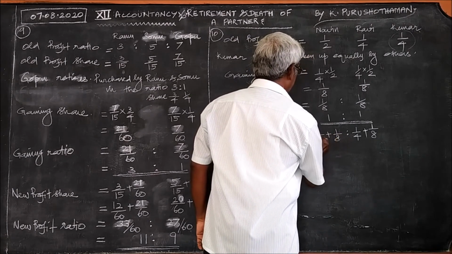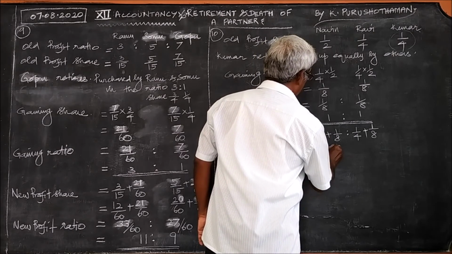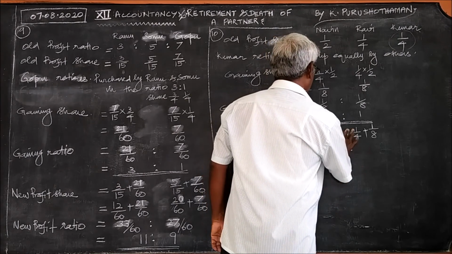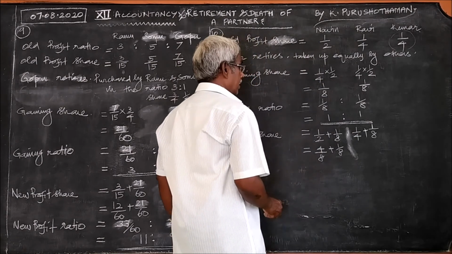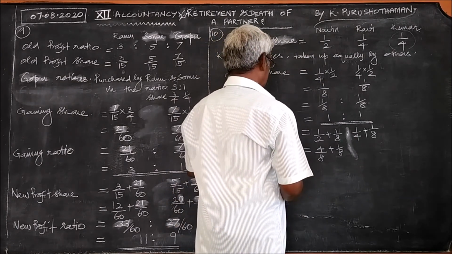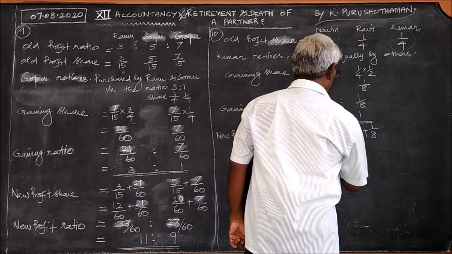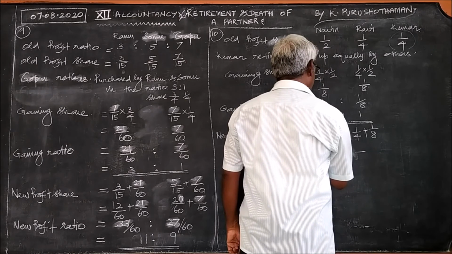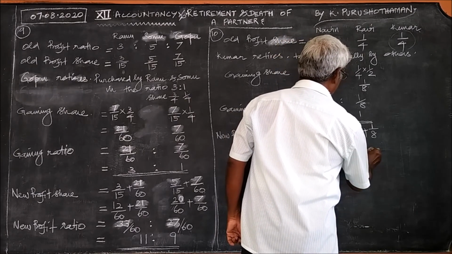Convert this into equal denominators. 4 2s are 8, 4 1s are 4, plus 1 by 8. Here, this also should be converted, 2 times 4, 8. 2 4s are 8, 2 1s are 2.